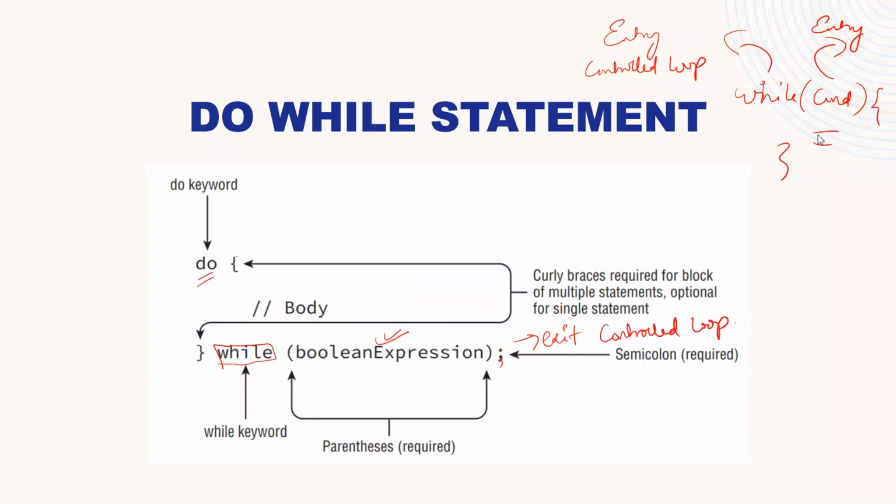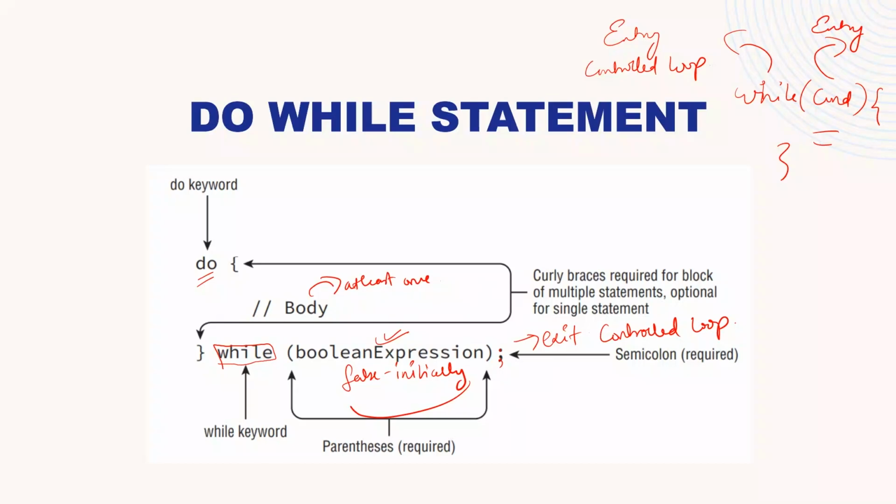Now what is the advantage of do while, when while is an entry controlled loop? What is the difference? Imagine that initially the condition is false. In the case of a do while loop, we still go inside the body and it gets executed at least once, and then at the end when we check the condition, it becomes false.